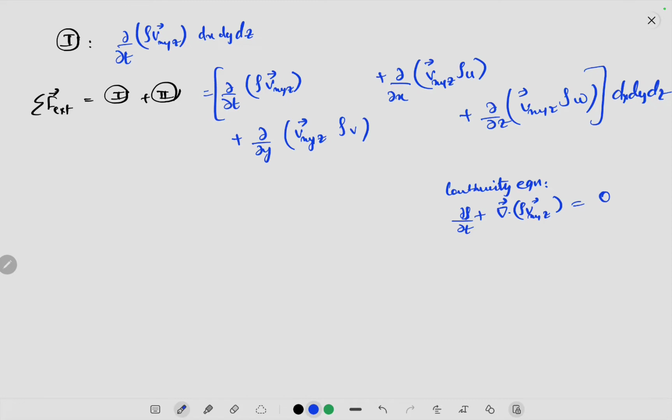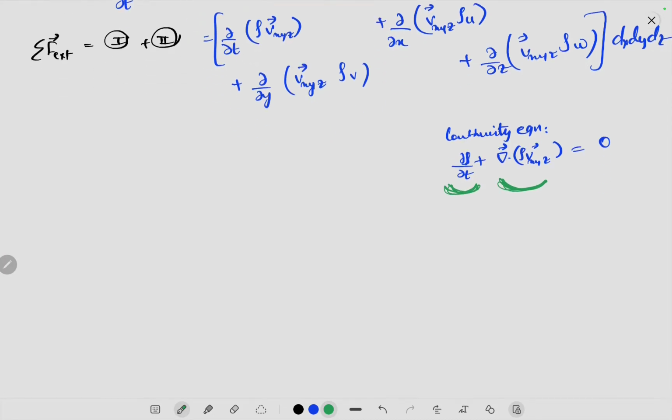So we would like to break these terms in such a way that we get del rho by del t and divergence of rho v. How can we break this term to get del rho by del t? We can simply use the chain rule to get this as rho del v by del t plus v del rho by del t. So let's first break this term.